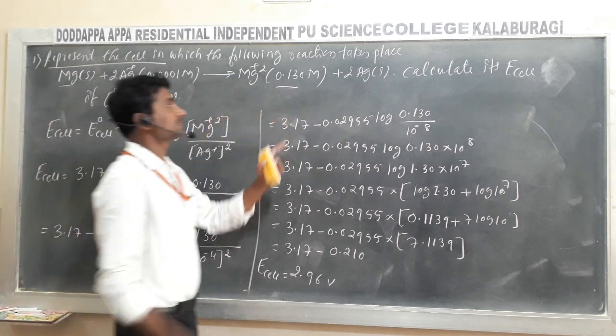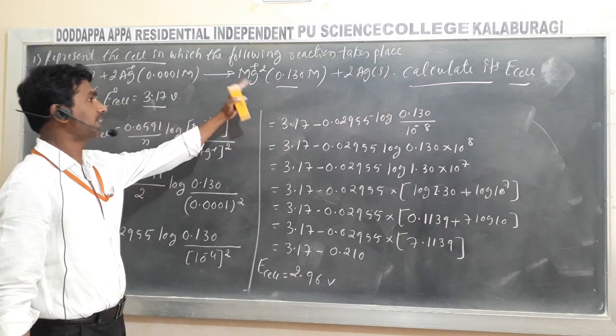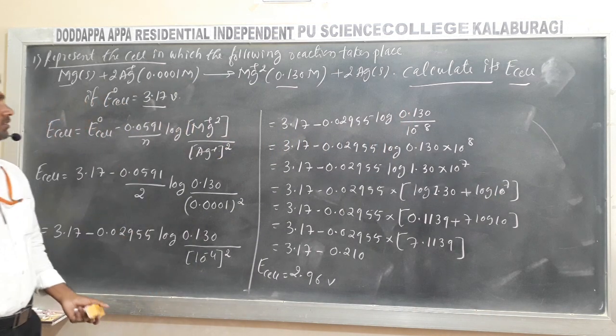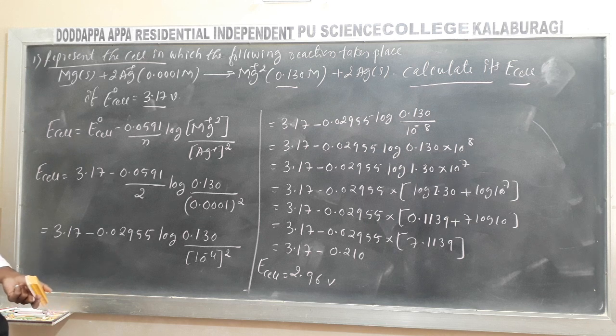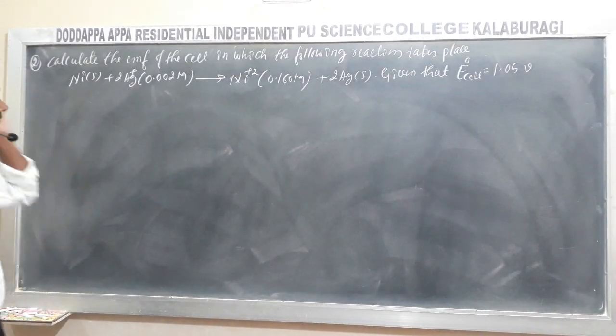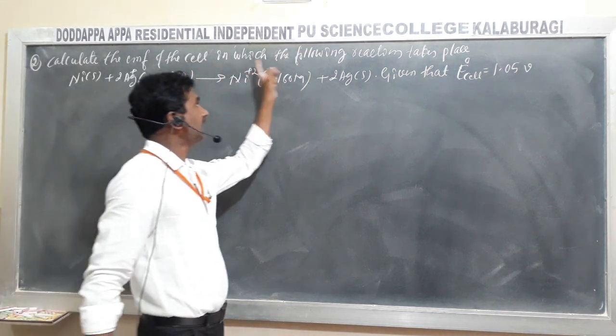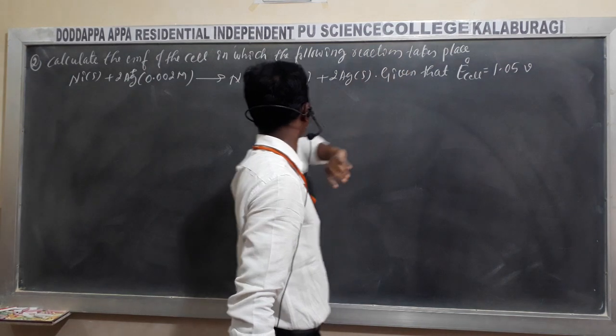In the second case, calculate E of cell at a different concentration. So please take down this. Second problem: calculate the EMF of the cell in which the following reaction takes place.